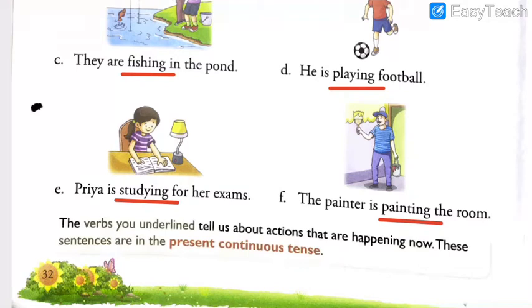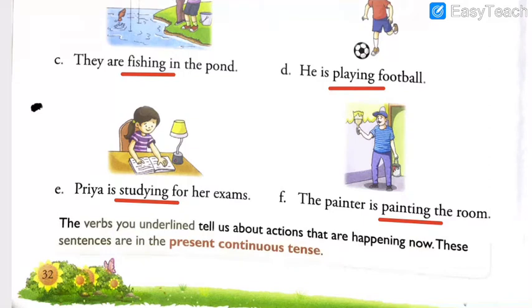Now you see here, when we say Priya is studying for her exams, can you see Priya sitting here? She is still studying. See, on the table. So she is doing this activity, right? She has not stopped studying, nor is she going to study. She is studying right now and she is still studying.